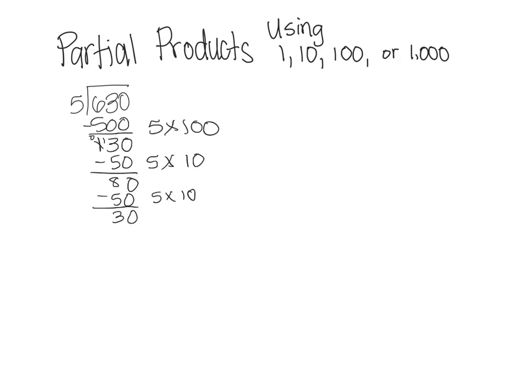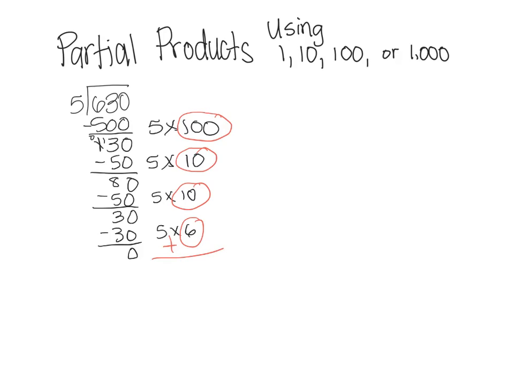And that is 30. Now I can't do 5 times 10 again because that would be too big. And I know my facts of 5, so I know that 5 times 6 is 30. So I'll go ahead and subtract that and I get 0. So here's why it's called partial products. I will add up my partial products that I multiplied here.